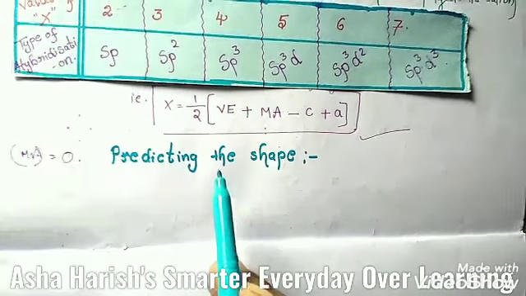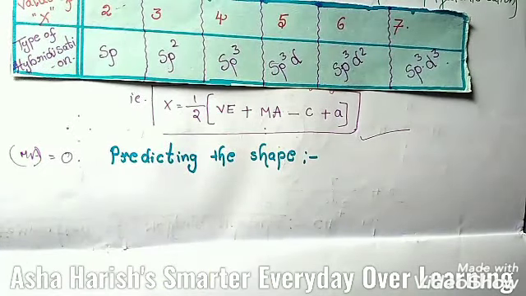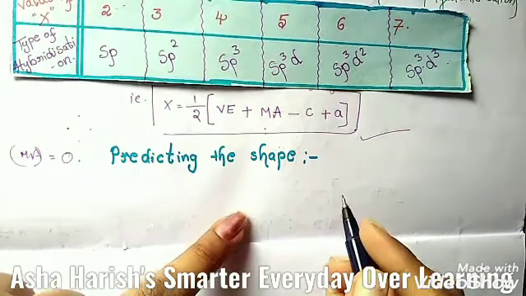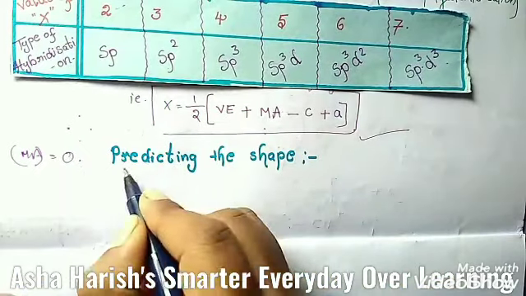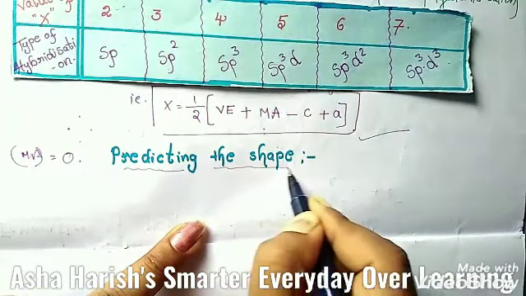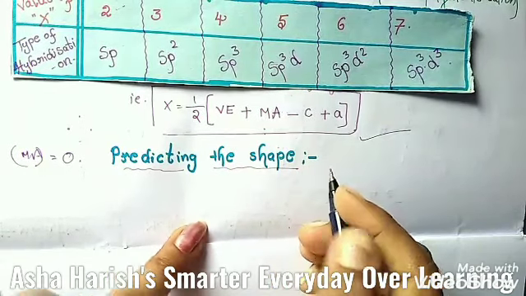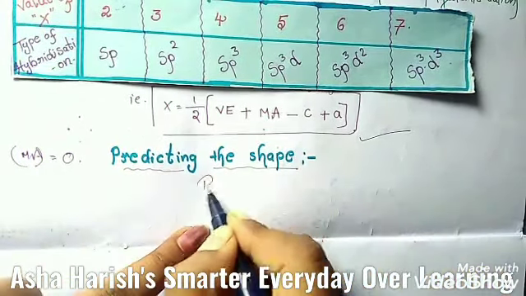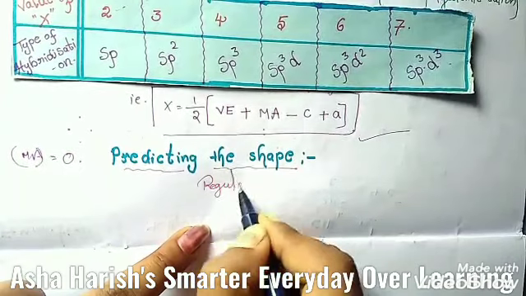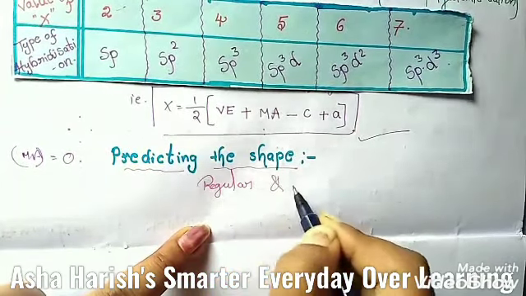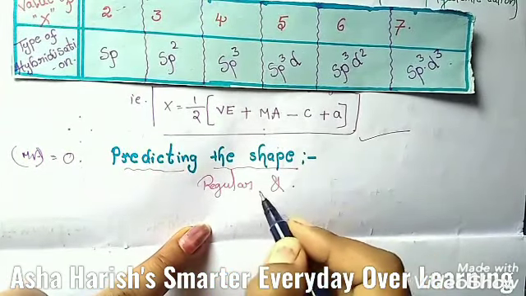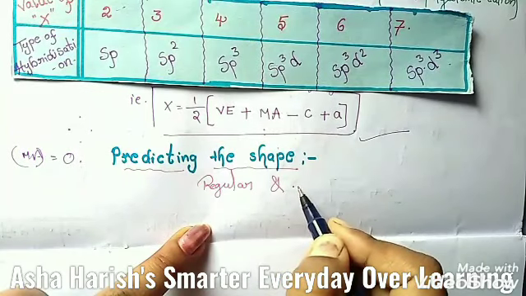Now students, predicting the shape. If the number of hybrid orbitals is equal to the number of surrounding atoms or groups, monovalent or divalent, the molecule or the ion has regular geometry and the shape is the same as that predicted by the hybridization.